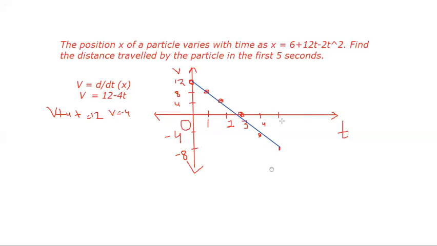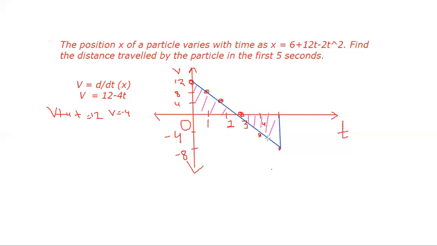So now you see that the area under this curve will give you the distance traveled by the particle.